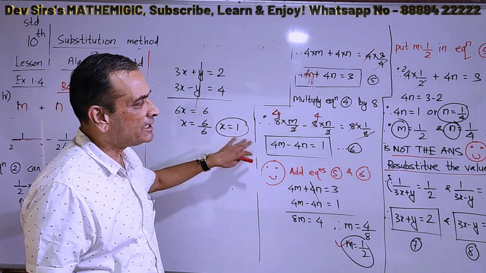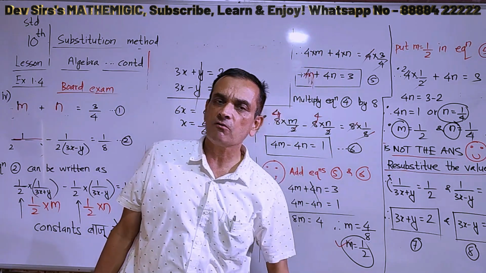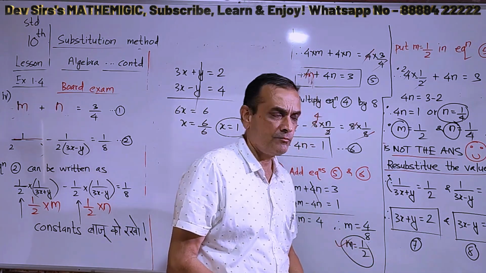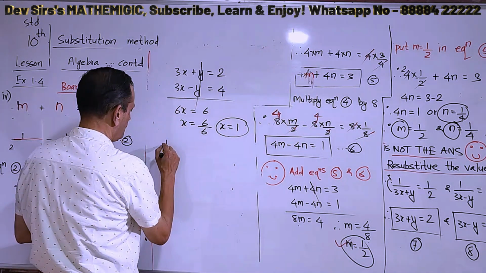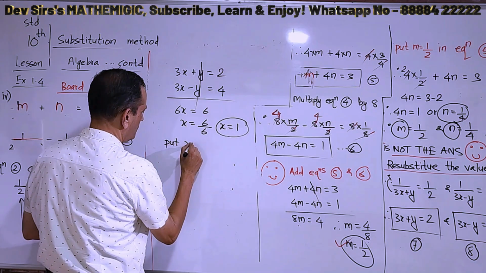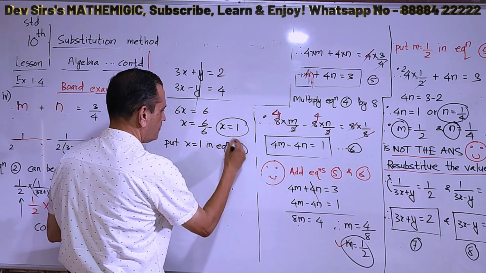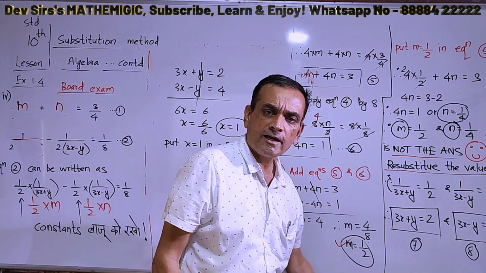So put x equal to 1. Now forget about the other equations. अभी x और y चाहिए. So put x equal to 1 in equation 7. So write equation 7.